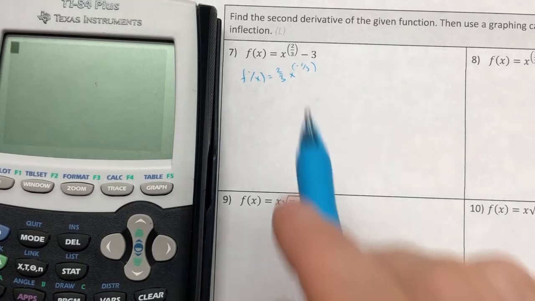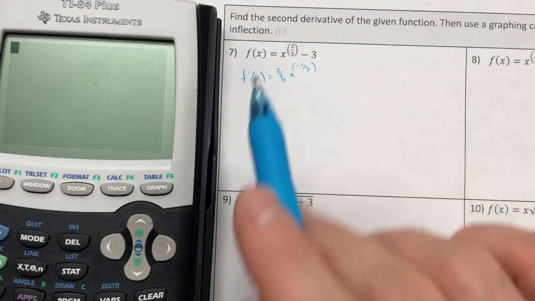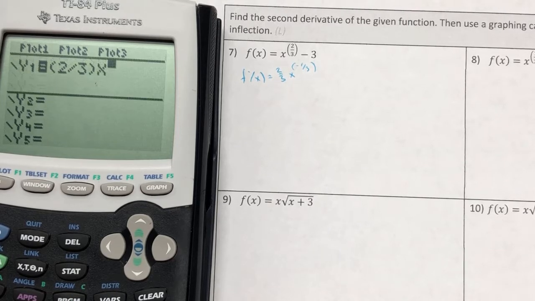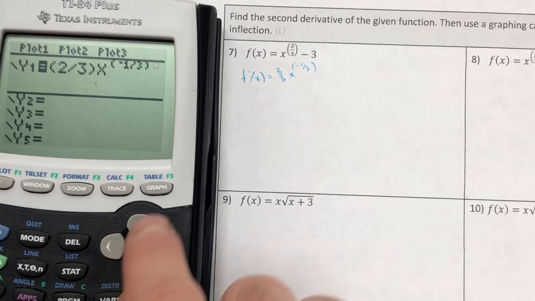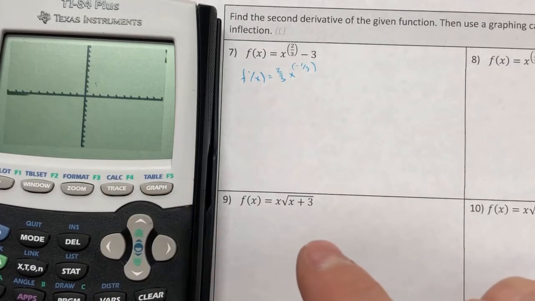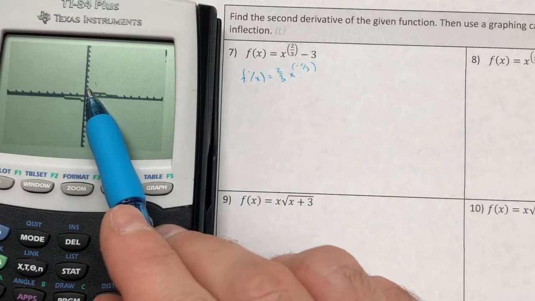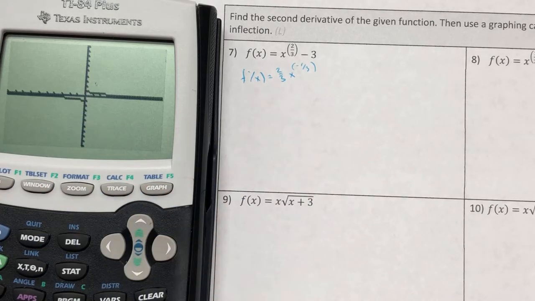Let's pop open our calculator, and we're going to plug this graph in. So come over to our y tables, and we get 2/3 x to the power of, let's see, negative 1/3. And let's graph this. So it looks like a rather tight graph, so maybe negative 3 to 3.